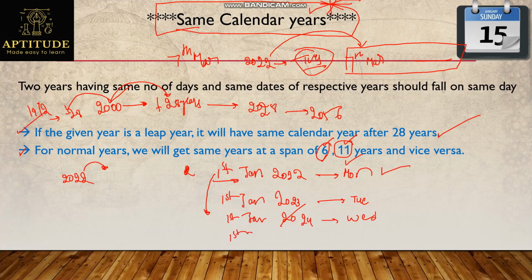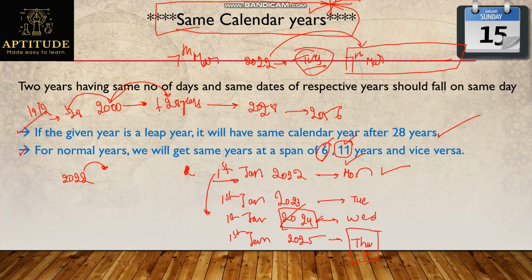Now, 1st of January 2025. So will it fall on Thursday? Never. Why? Because observe here. 2024 is a leap year, so we should be very careful in these cases. 2024 is a leap year. So in this year, I am getting one day extra.